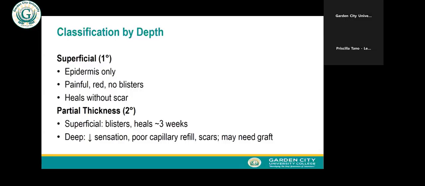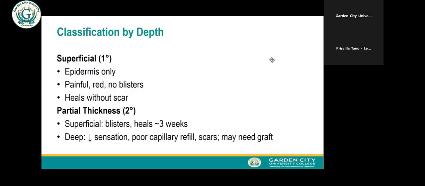Then we have the second degree. The second degree, the partial thickness burns or the superficial burns, is quite limited to the papillary dermis, but it spares the skin appendages, right? For this one, there is blister formation. So that differentiates between the first degree and the second degree.